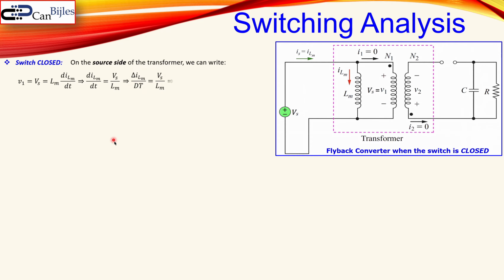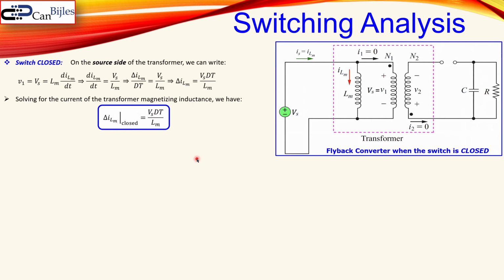Now, if I rewrite this, we have an expression for the changing of the inductance current as a function of the source voltage, duty cycle, the switching period, and also our magnetizing inductance Lm. Now, solving for the current of the transformer magnetizing inductance, we have this situation which says if the switch is closed, you have this expression for your changing current in your inductance Lm.